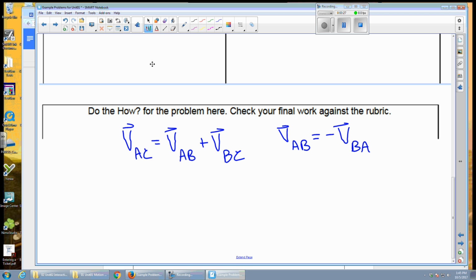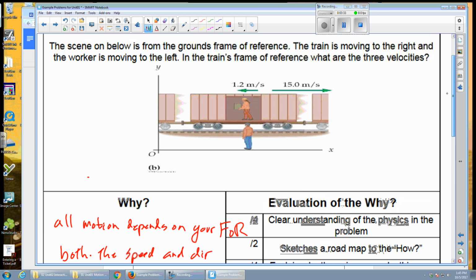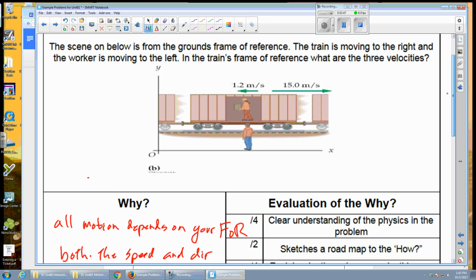All right. So now, just looking at what they told me. They gave me the velocity of the train with respect to the earth, the velocity of the worker with respect to the earth, and they actually gave me the velocity of the earth with respect to the earth, but we know that's always 0.